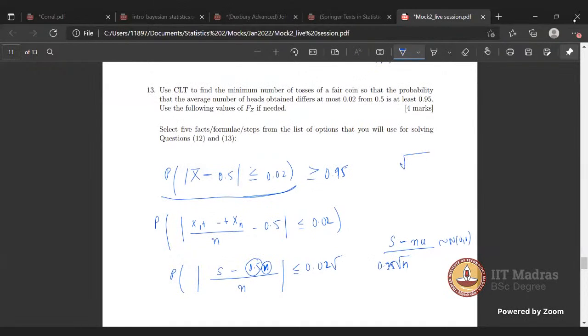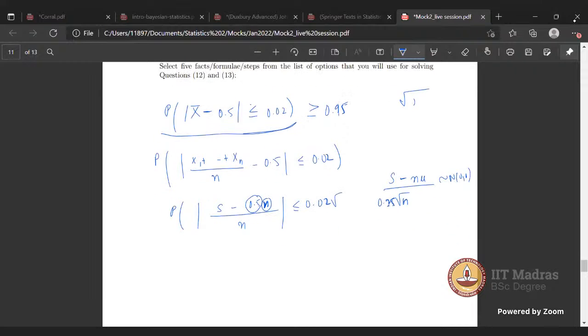I was doing the variance, right. Yeah, sorry. Yes, it is 0.5. So I can keep one root n in here and leave one root n in here, and I can also multiply and divide by 0.5 here.